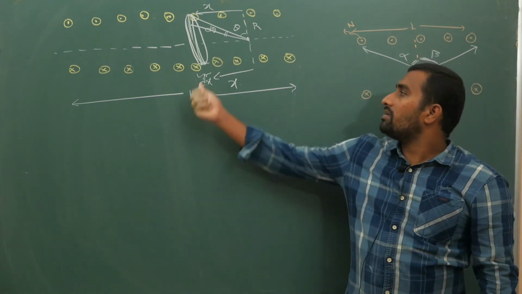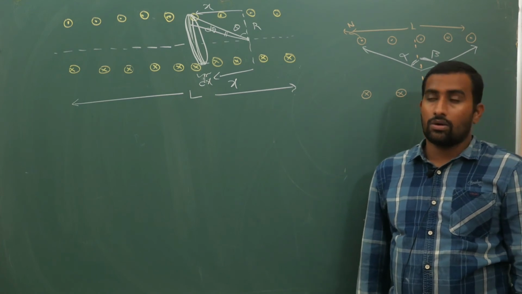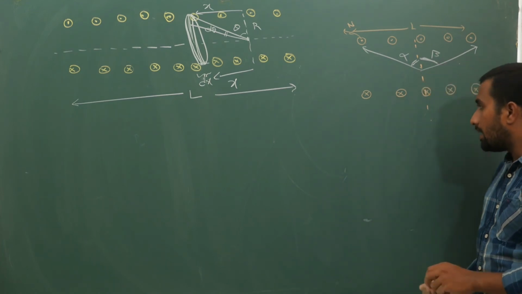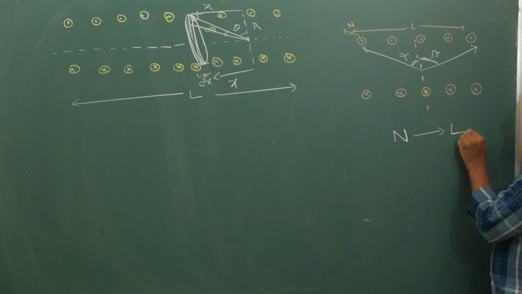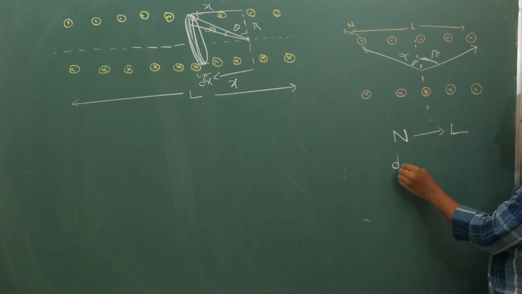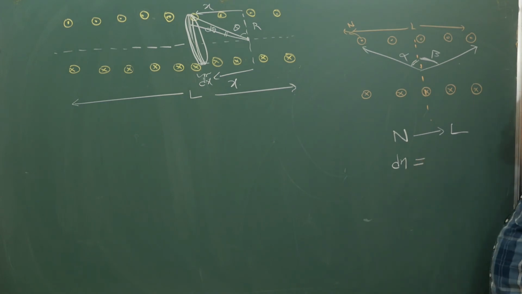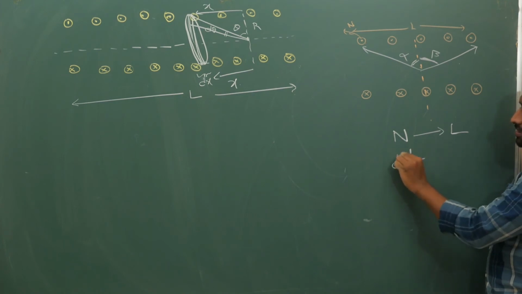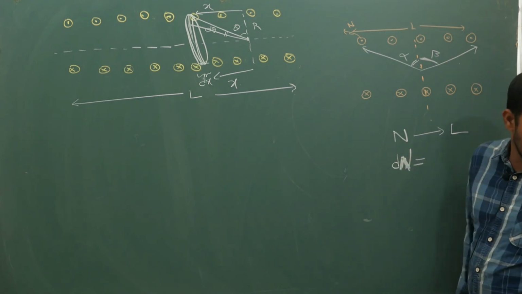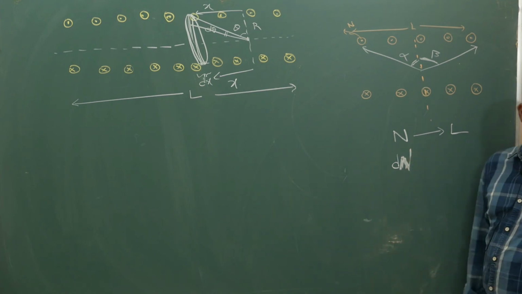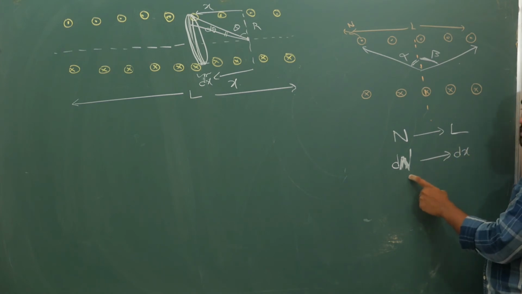Now if I take a small part, in that small part, N turns are present in length L, so small turns dn if I write. dn number of turns are present in a length dx. So in a small length dx, a small number of turns dn are there.